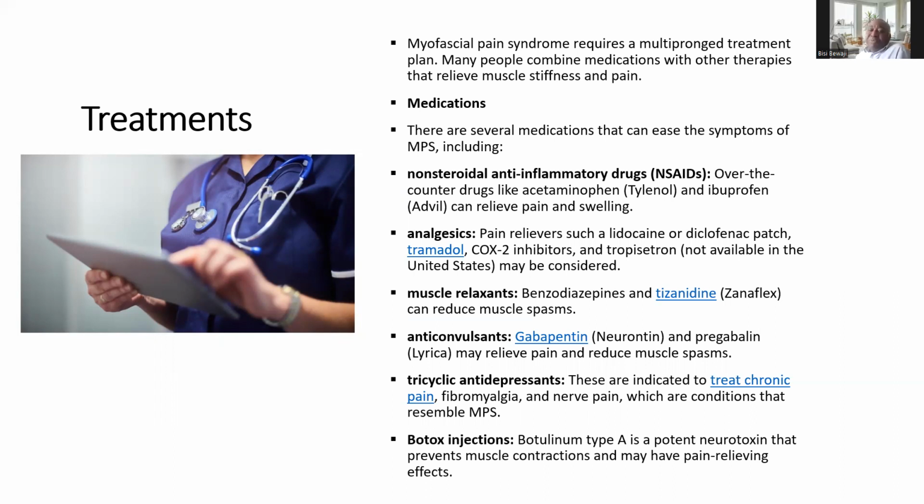You've got your non-steroidal anti-inflammatories like your ibuprofen, your Nurofen. The acetaminophen, that's paracetamol, would help with pain, but would not help with the inflammation because it's got no anti-inflammatory properties.